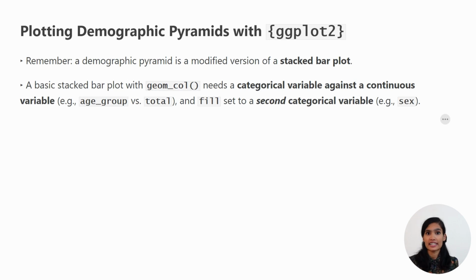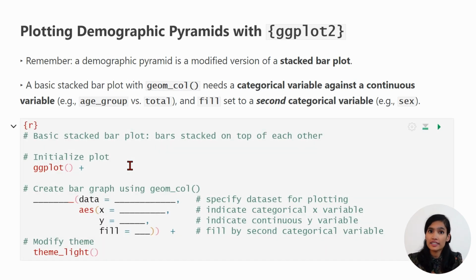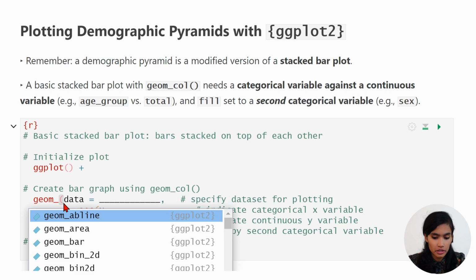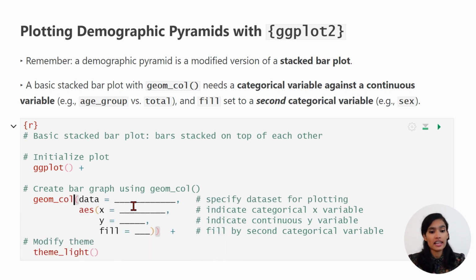So let's look at an example of a simple stacked bar chart. As usual, we will initialize the plot with the ggplot function, and then we'll give it geom_col to specify the type of graph we want to plot. So we'll put geom_col here, and then we specify the data set. We're going to use the already aggregated data set, pyramid data, for this plot.